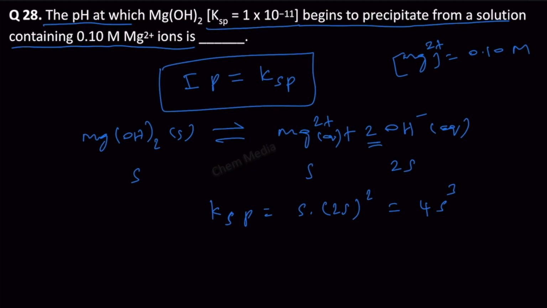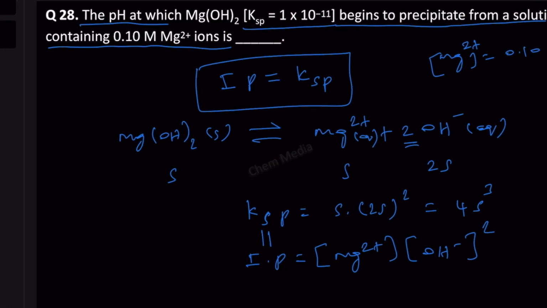And it is also given that the concentration of Mg2+ is 0.10 molar. So therefore the ionic product, we write it this way: ionic product is equal to the concentration of Mg2+ ions times concentration of OH- square. Now, because of the assumption that solubility product is equal to ionic product, we can compare that 1 times 10 to the power minus 11 is equal to 0.1 molar times OH- square.